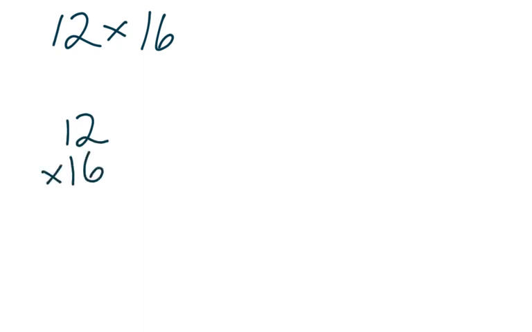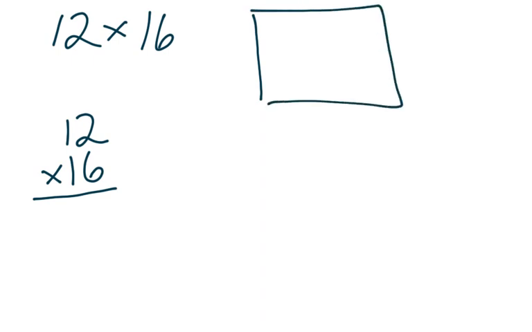So let's try 12 times 16. So we could try the standard algorithm where we stack them on top of each other. We could draw an area model where we break 12 down into 10 and 2 and 16 into 10 and 6 and multiply them.